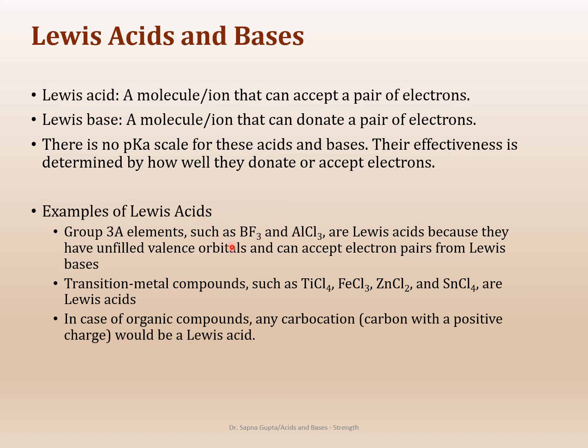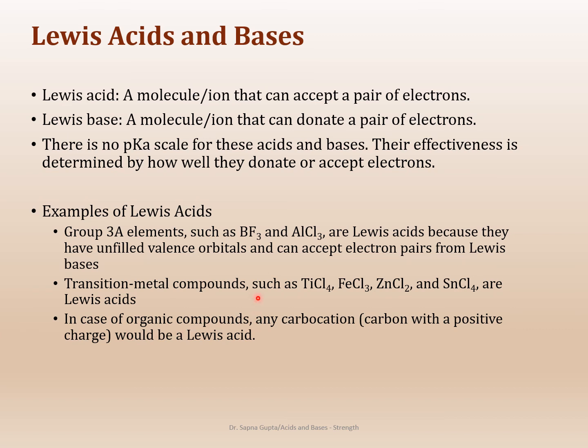Group 3 elements, BF3, if you can remember, was one that had an incomplete valence shell after bonding, also an incomplete octet, and because of that, it can still accept a pair of electrons. AlCl3, aluminum chloride, is the same way, okay, because they have an incomplete valence shell, they can still take 2 more electrons.